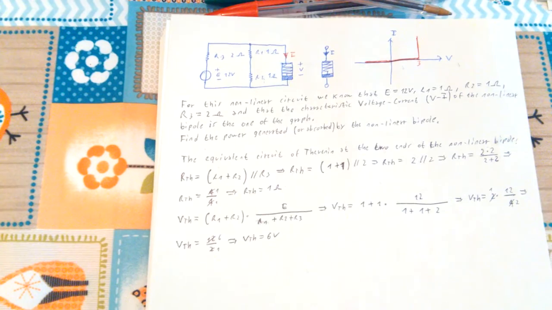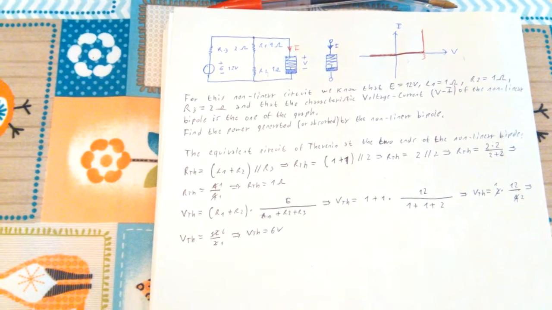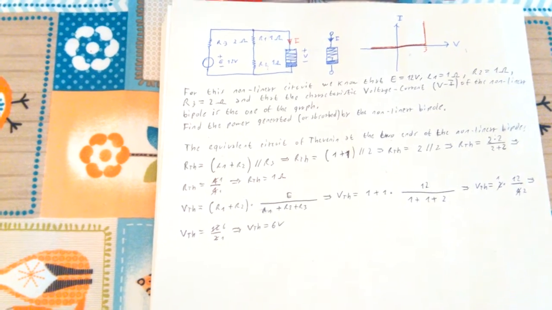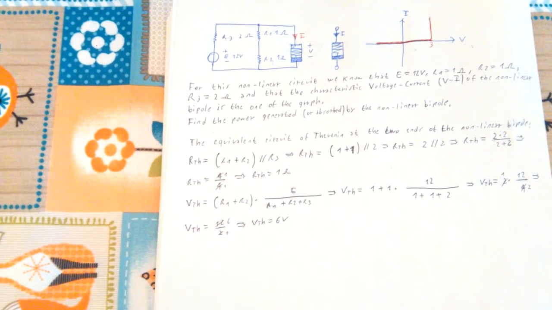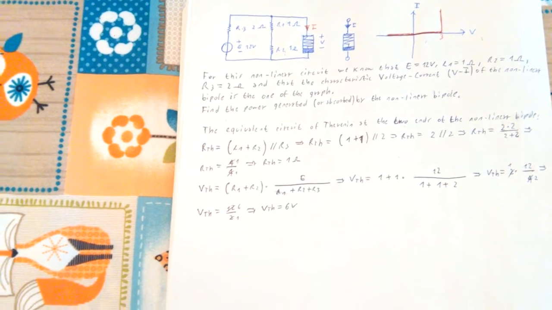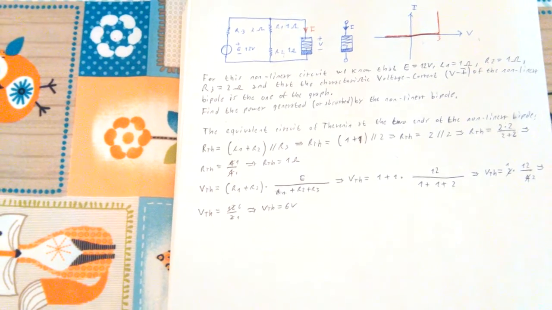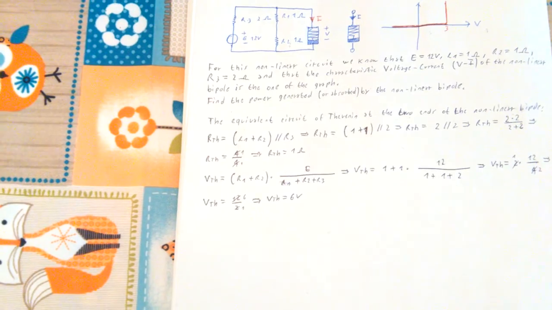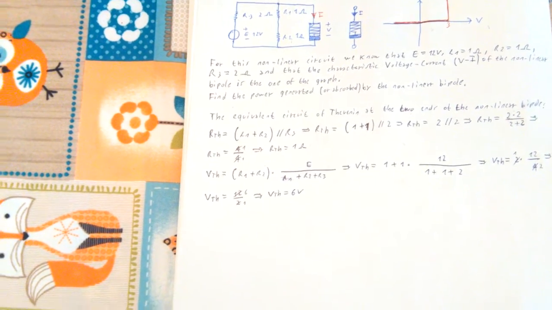I'm just going to plot the voltage-current characteristic for the Thevenin equivalent circuit, and I'm going to find the open circuit and the short circuit points.